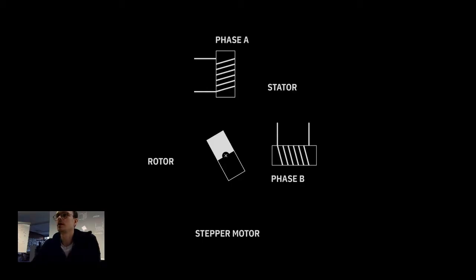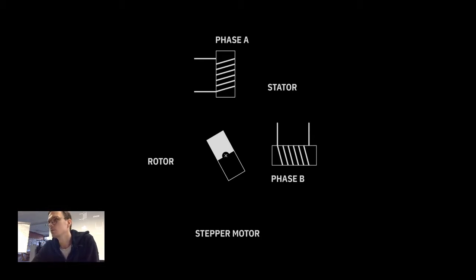And the third kind of motors that we are going to talk about are stepper motors. This is a simplified diagram of what happens within a stepper motor. It consists of a stator, which is the electromagnetic part, which we are going to control with a microcontroller input.